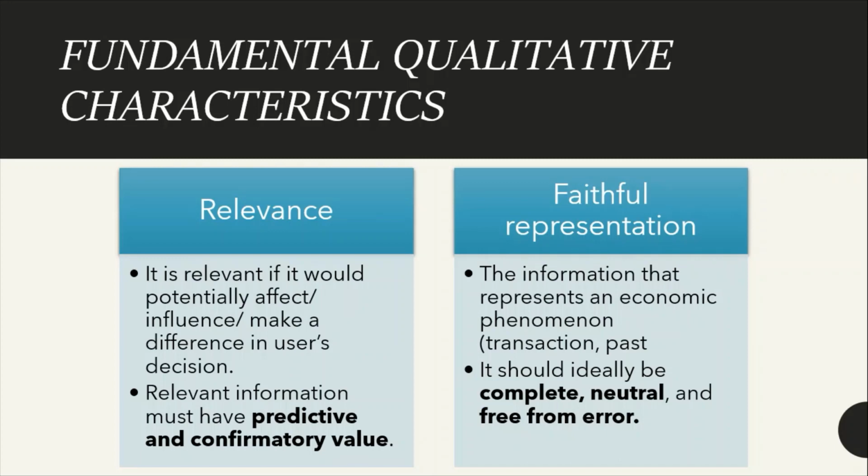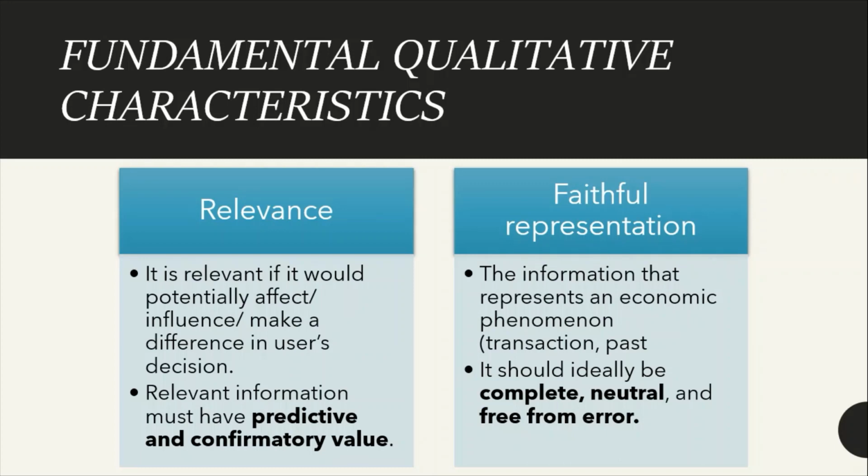Okay, faithful representation. The information represents an economic phenomenon such as a transaction or past event. It should ideally be complete, neutral, and free from error. So for faithful representation, the information from the report represents the business correctly.